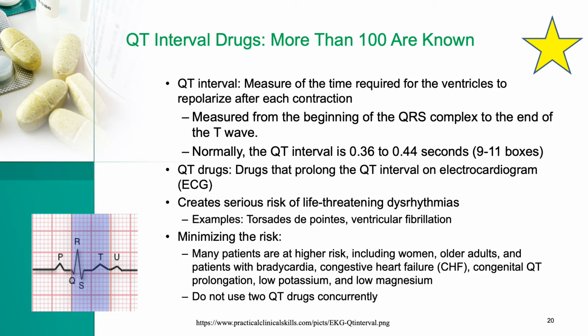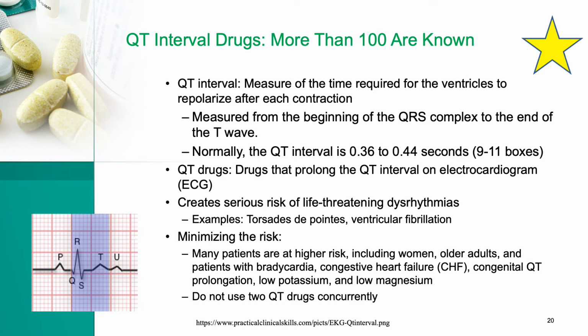Limit the QT risk by using lower doses of some meds, such as no more than 40 milligrams per day of citalopram, or 20 milligrams per day for patients over age 60. Continue to watch for quinolones, moxifloxacin, Levaquin, those sorts of things.